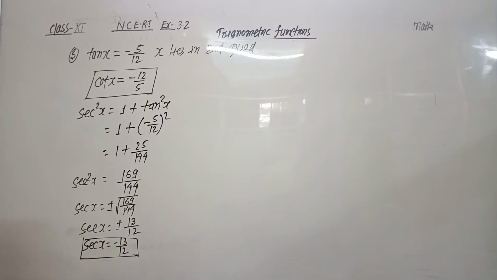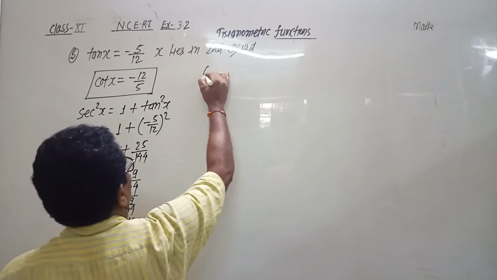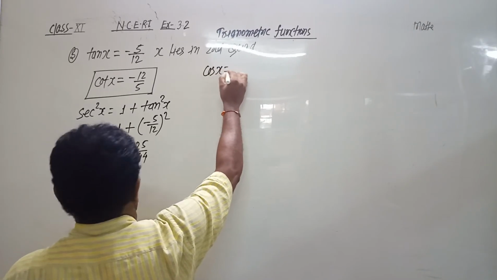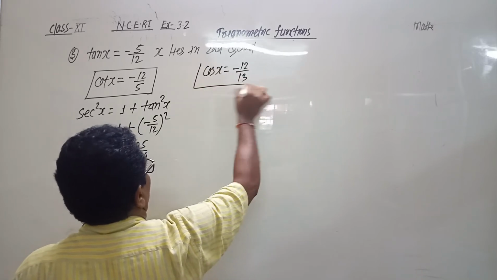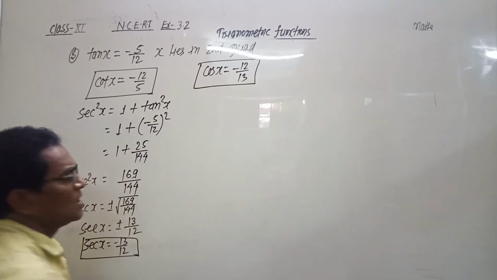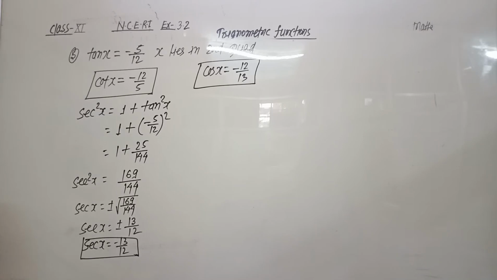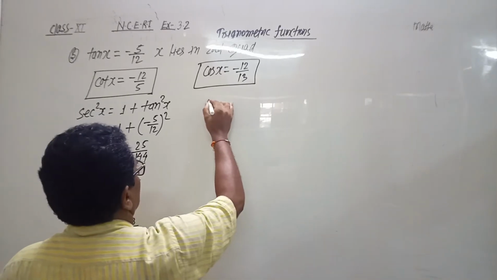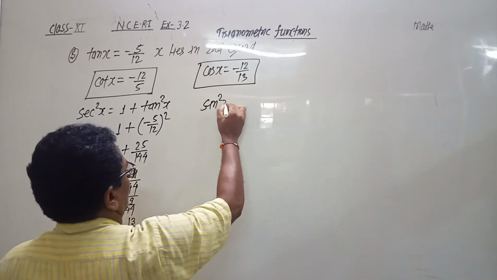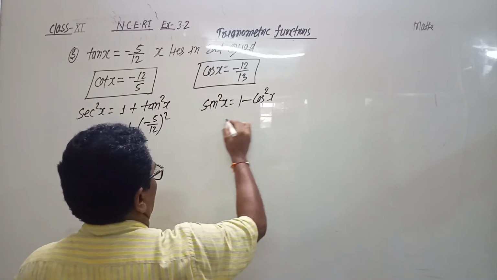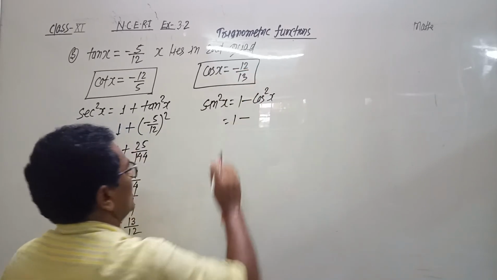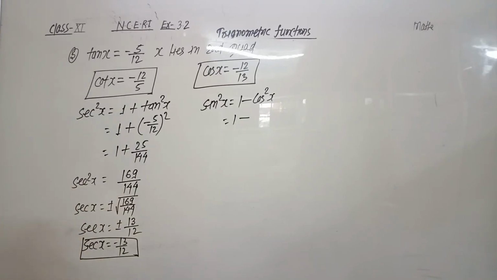And cos x is the reciprocal of sec x, so cos x equals minus 12 by 13. In the second quadrant, cos x is negative. Then we find sin x and use the formula sin square x equals 1 minus cos square x, and the value of cos x is minus 12 by 13.